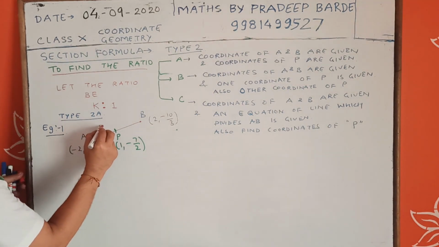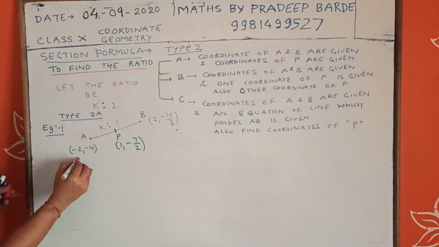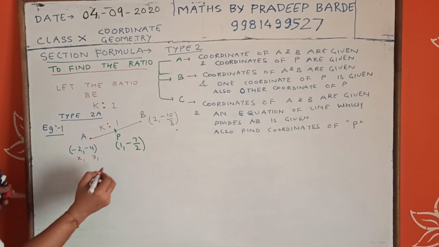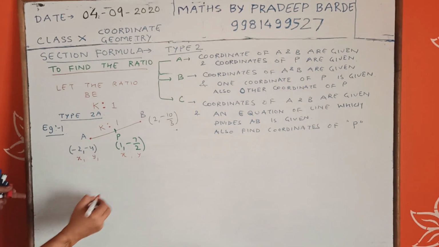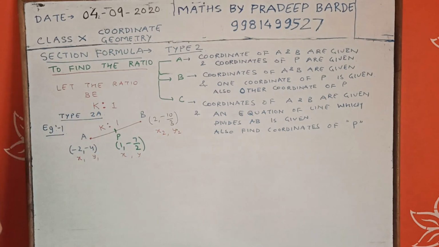Let the ratio be k:1. See, this is here x1, y1. This one will be x, y and this is your x2, y2.